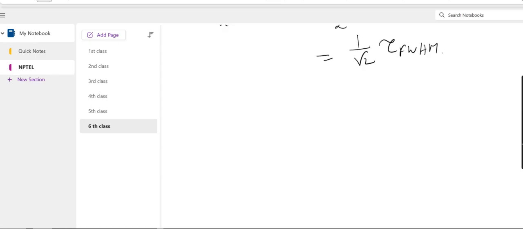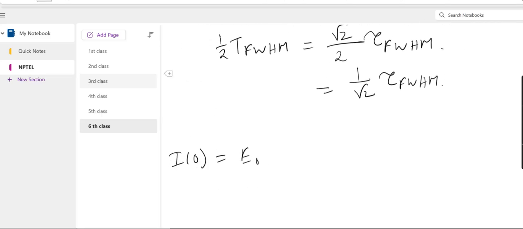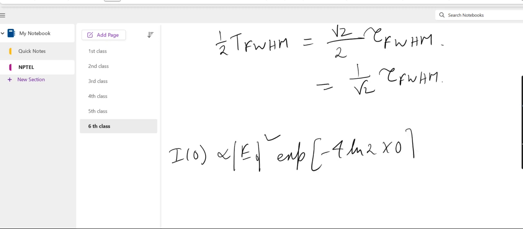So we need to calculate the percentage change in the intensity of the Gaussian pulse from t equal to 0 to t equal to half of the field full width at half maximum. Intensity at t equal to 0 is E naught whole square, exponential minus 4 ln 2 into 0.